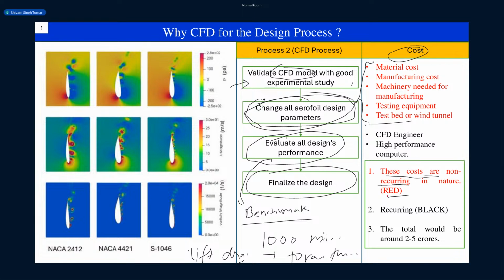That is, you will spend on them only one time and then you are done. Then what will be the recurring cost now? That will be a CFD engineer which you will hire and a high performance computer that you will need to run your CFD simulations on. And the cost I have written is around 2 to 5 crores only. So that much reduction in price with just the help of CFD.